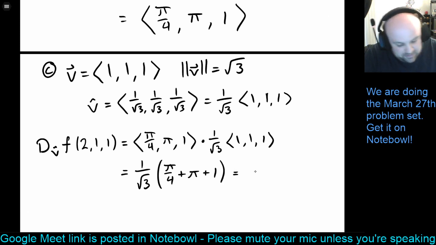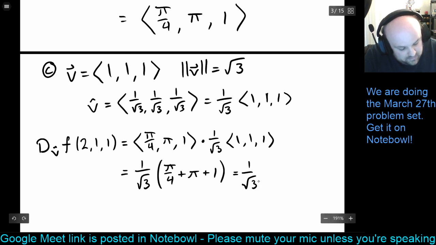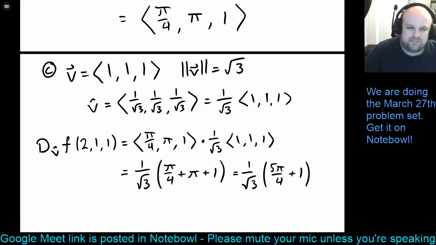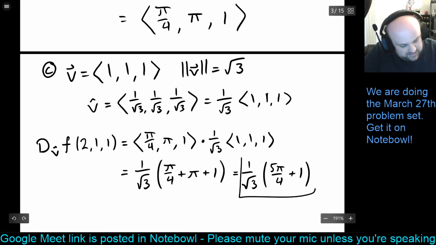So the most simplified this is possibly going to get is, let's see, we'll have 5 pi over 4 plus 1. I mean, we can combine this together into one fraction, but there's not really all that much more to write, really. So I'm going to just leave it like this. See?